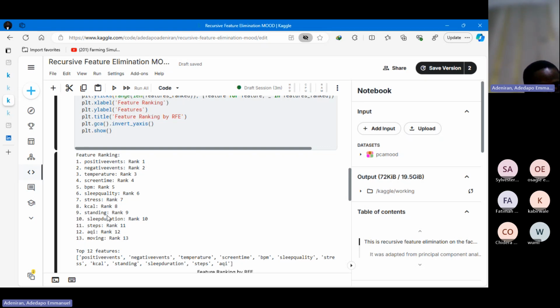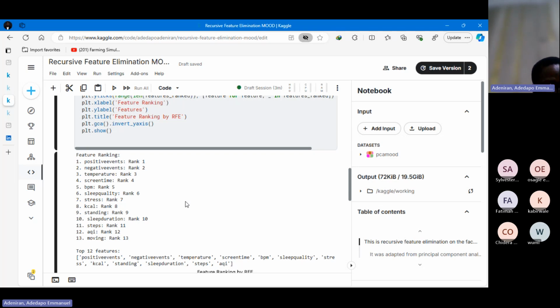So now we notice that as we're removing each of those features one by one, AQI was the feature that was removed that gave us the best model performance, meaning that AQI was the next useless feature that was being used to make an accurate prediction. I don't know if you understand my explanation.